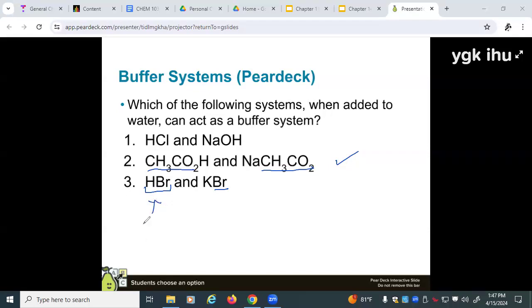So since it is a strong acid, it cannot be a buffer. The correct answer here was the answer most of you came up with, which was number two. Number two and number two only would be the buffer system here.